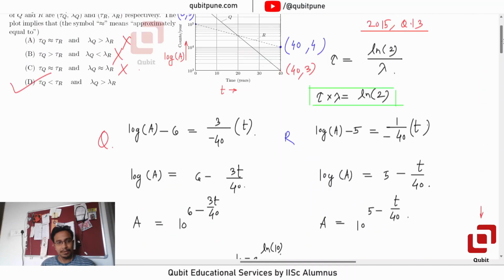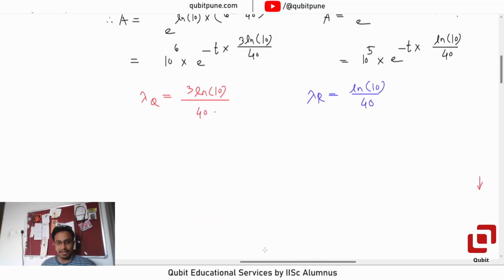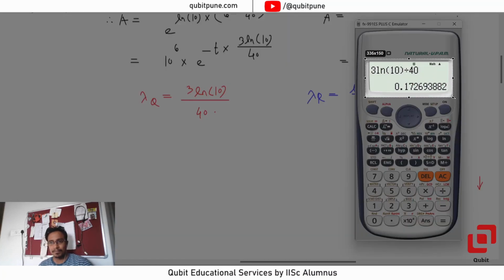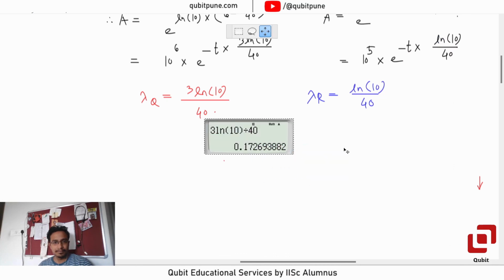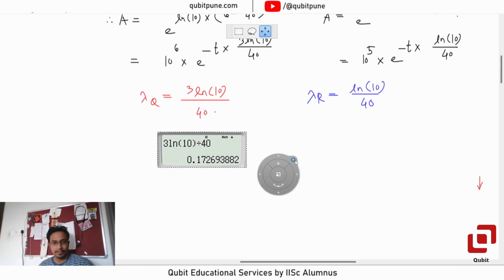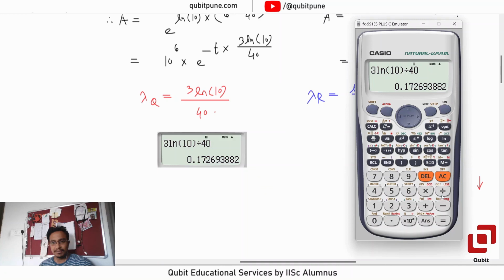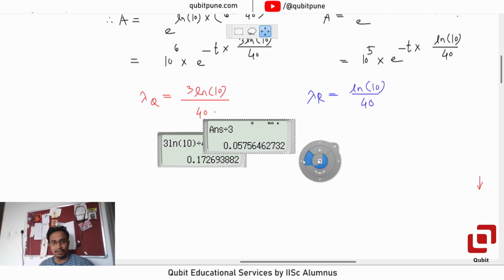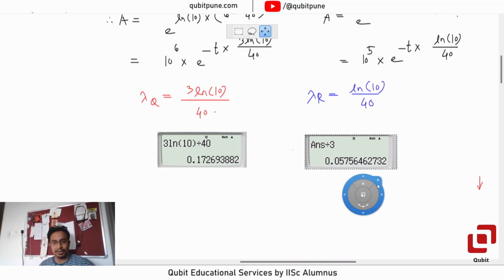Okay, cool. Now let us just find the values. 3 ln 10 upon 40, and by dividing this by 3 you will get that. Now 0.057 is definitely not equal to this. Now let's find the half-lives.